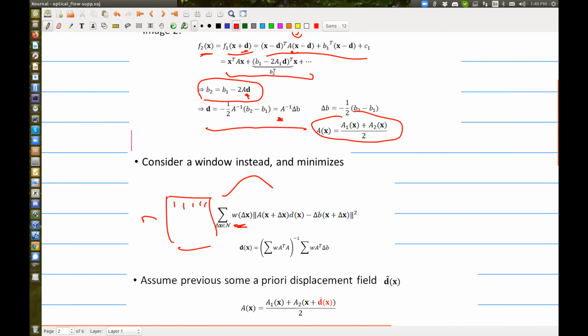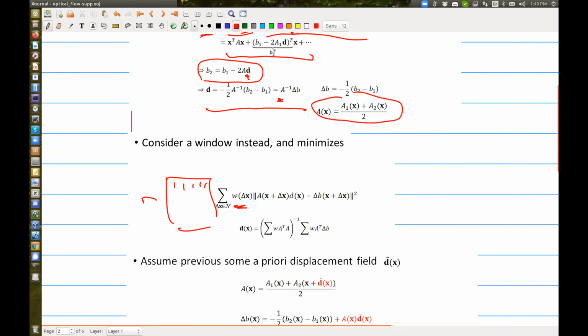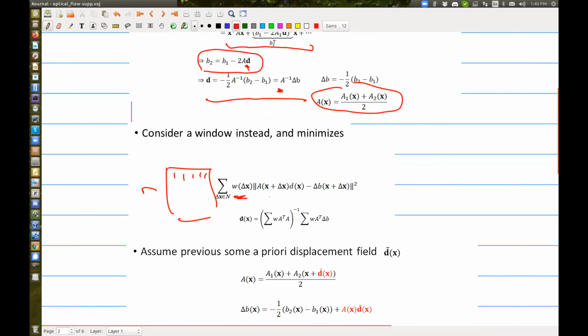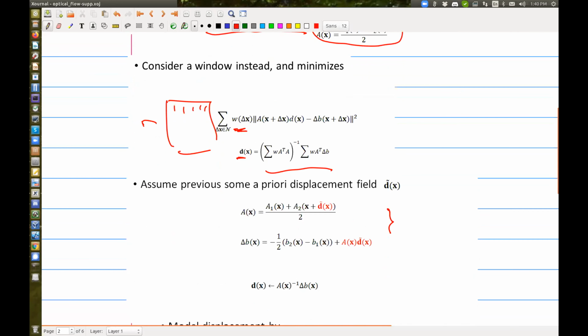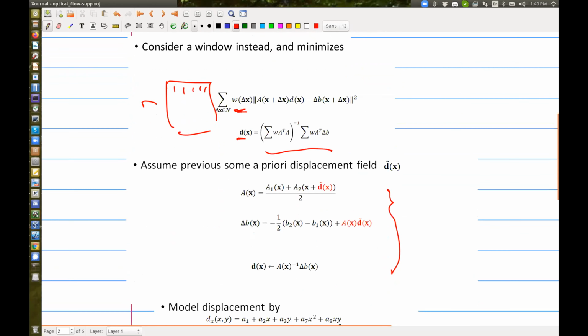But here we can take a smooth window, and of course you can do that for Kanade as well. And then if you substitute all this, the d update will be replaced by this expression here, and we can also make it iterative, as we mentioned last time.